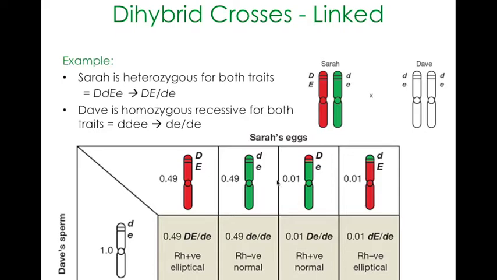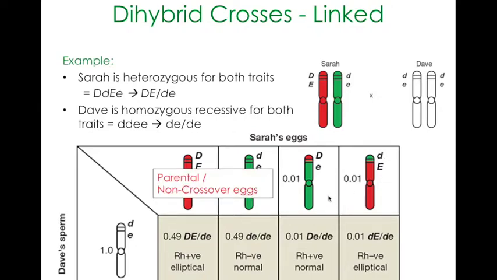So Sarah is most likely to produce capital D, capital E, and lowercase d, lowercase e eggs, but there is still a 1% chance that she's going to produce recombinant capital D, lowercase e, or 1% chance of lowercase d, capital E, right?